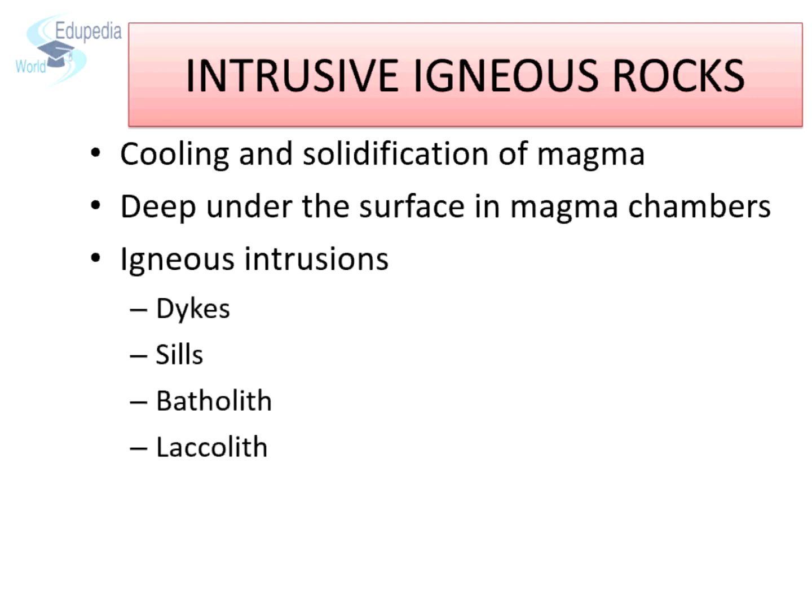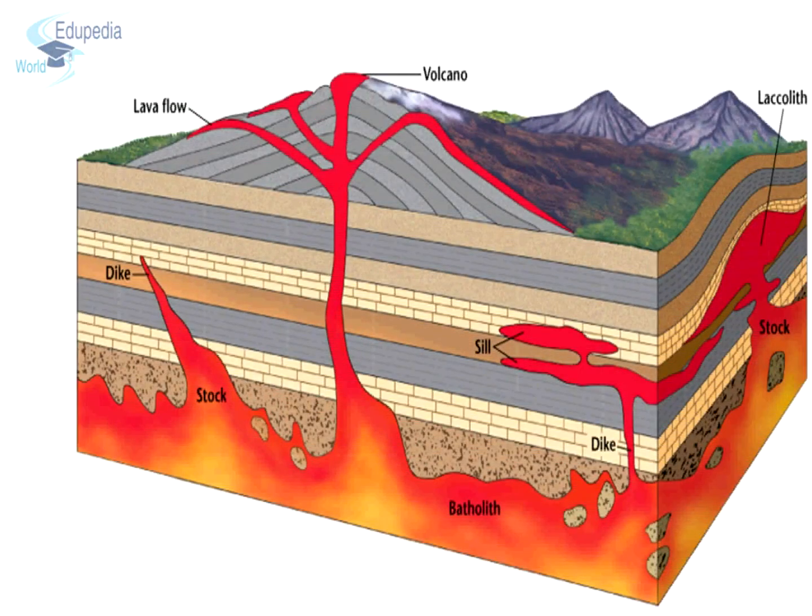The intrusion of magma into other rocks results in the formation of various structures known as igneous intrusions. These may be dikes, sills, batholiths, and laccoliths. A batholith is a solidified magma chamber.